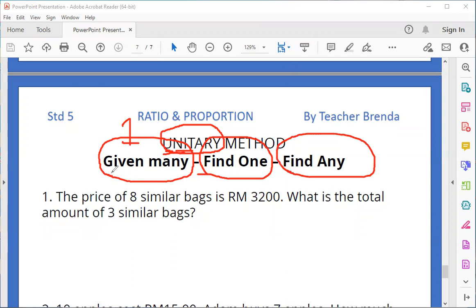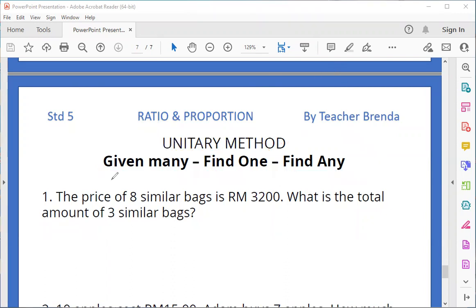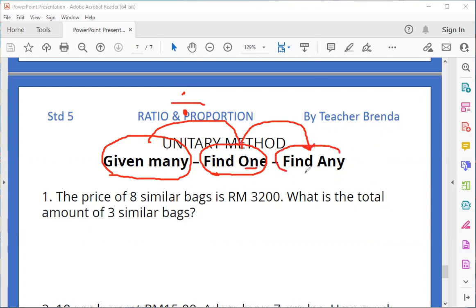Listen carefully. I give you many, you find one. So you're using the unitary method, you find one. And then it doesn't matter how many else you need to find. If you have many and you're supposed to find only one, we do a division. And if you have one and you want to find many, you find any, you want to find 2, 3, or 4, or 100, you do a multiplication.